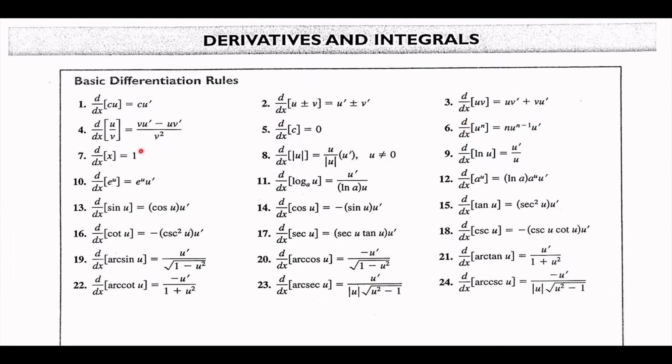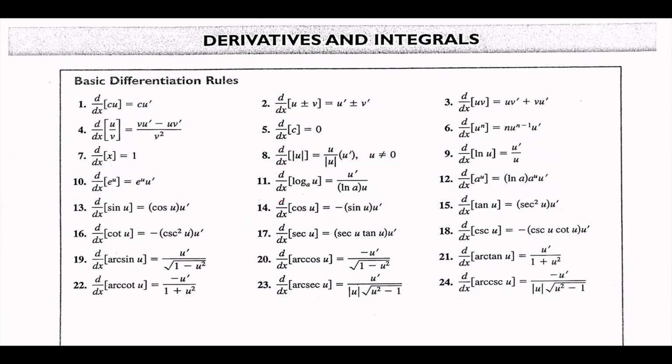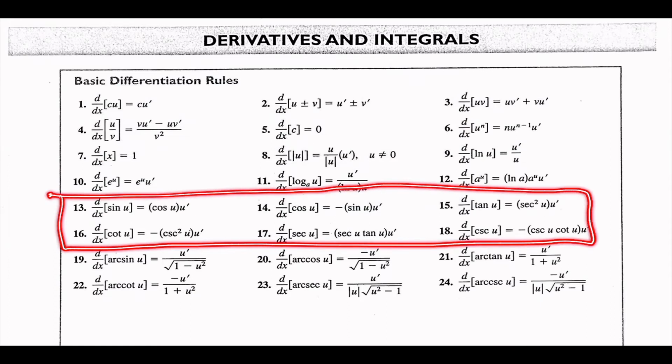The derivative of x, or just a single variable, is 1. We don't really use this one a lot. Natural log, these guys here, we'll get to next week. Those are exponentials and logs. Today, we're on these right here, 13 through 18.